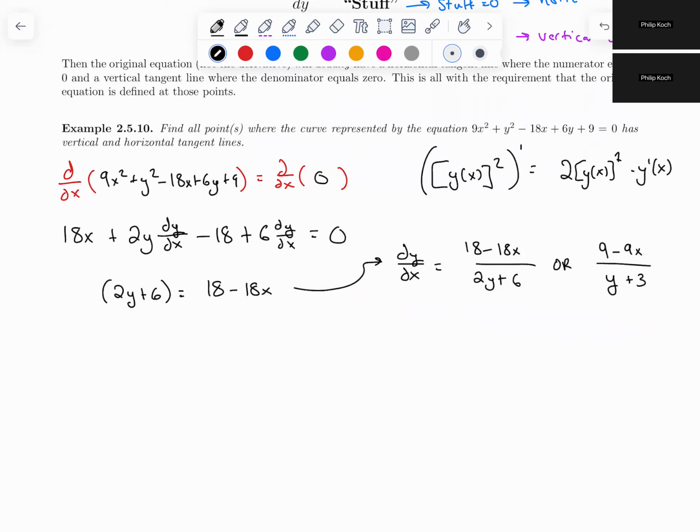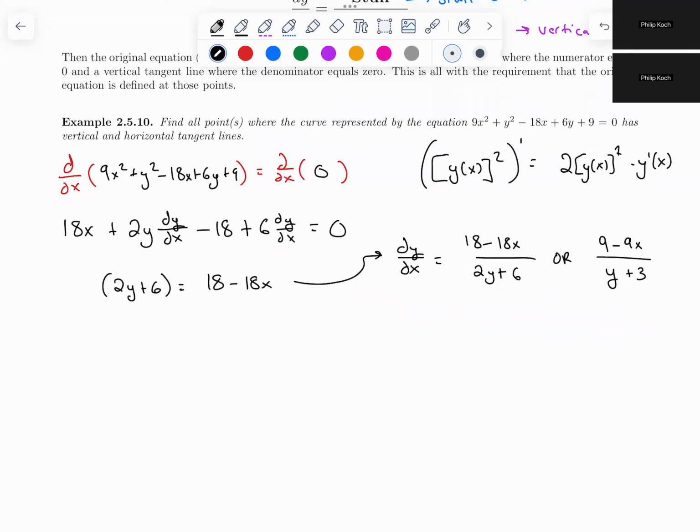So now that we've got it as stuff over stuff, we need to find out where it's horizontal and where it's vertical. Horizontal means the numerator will equal 0. I'd rather you understand the intuition than memorize this as a fact. Once again, dy/dx gives you the slopes of the tangent lines.